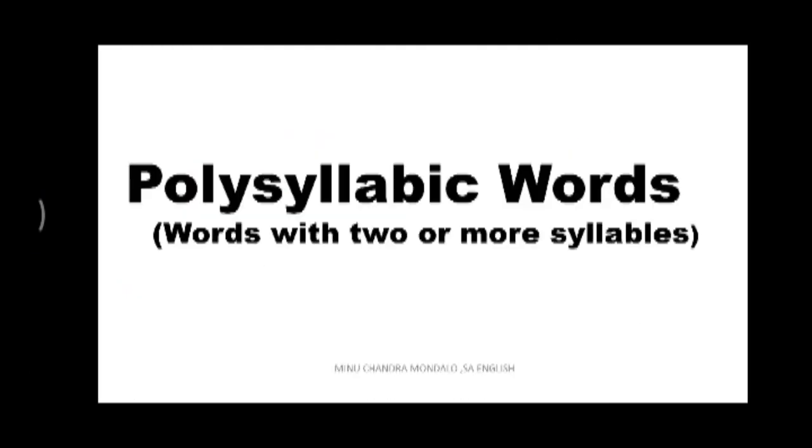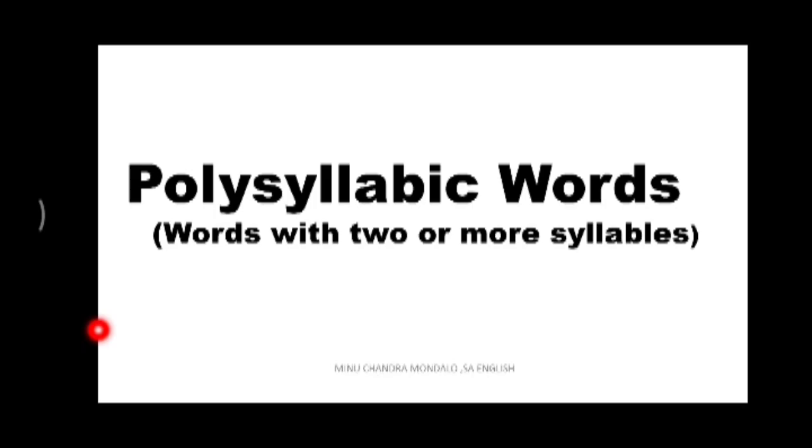Let us know the stress patterns for polysyllabic words. Poly means many. So the word which contains more than two syllables is called polysyllabic. Generally, the word which contains two syllables is called bisyllabic or disyllabic. The word containing three syllables is called trisyllabic. Similarly, the word which contains four syllables is called tetrasyllabic, and five syllables is called penta.